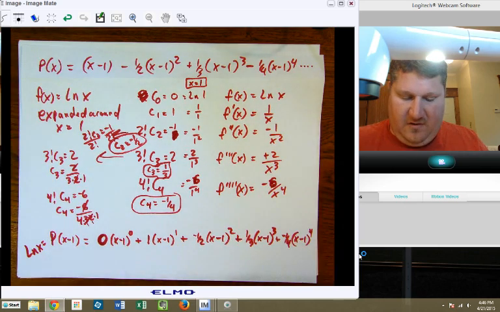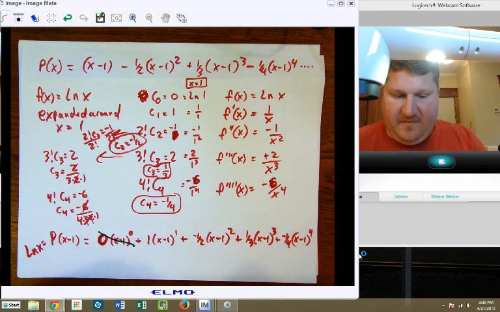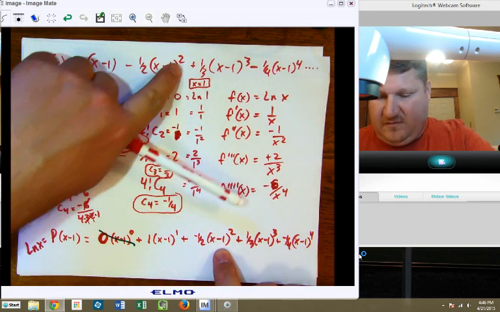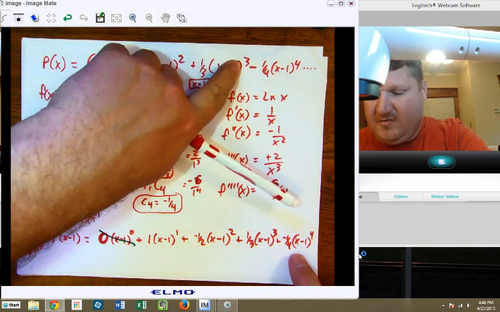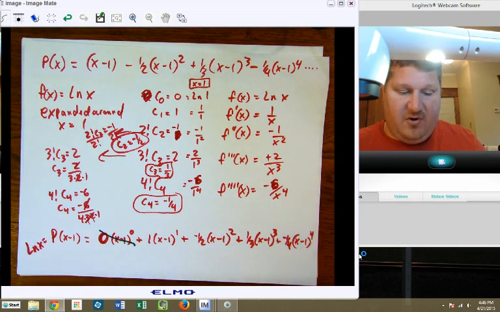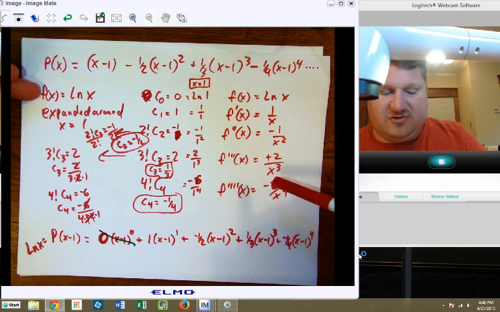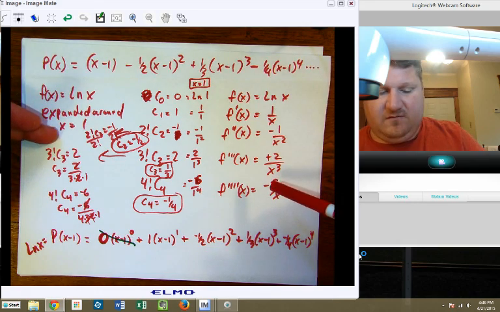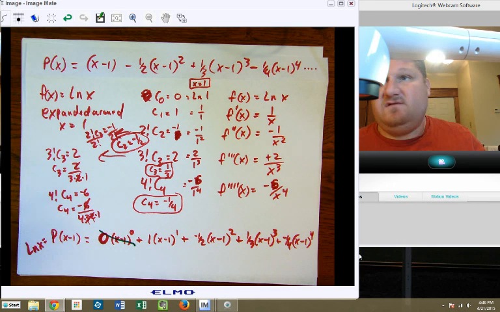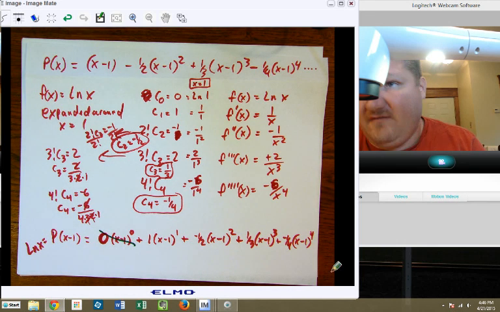Since this term is going to disappear, I have x minus 1 to the first, negative 1/2 x minus 1 squared, 1/3 x minus 1 cubed, negative 1/4 x minus 1 to the fourth. And so I have now proven that the expansion of natural log x around x equals 1, which was given as this, is indeed truly that. So that's using the equating of derivatives to find the power function.